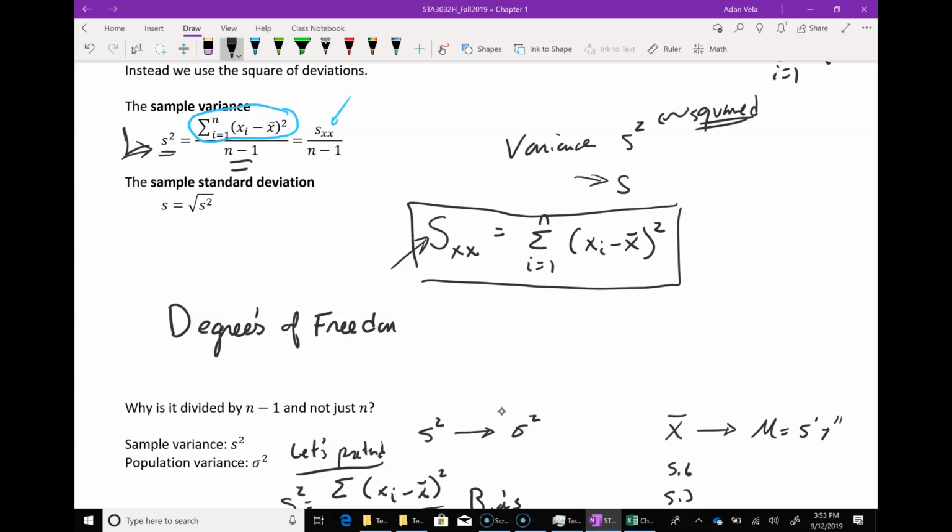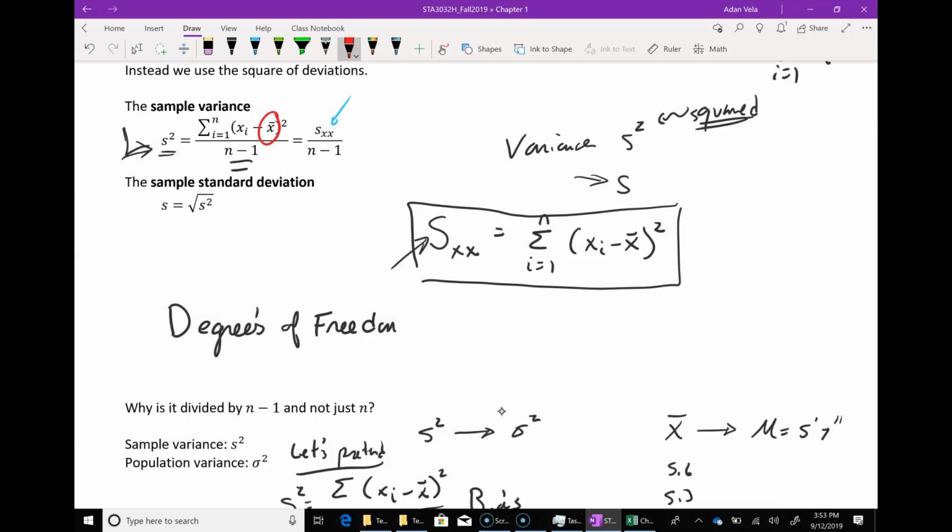Let's say you have 100 data points. I have this equation here, s squared. Those 100 data points are used in the calculation of the mean.